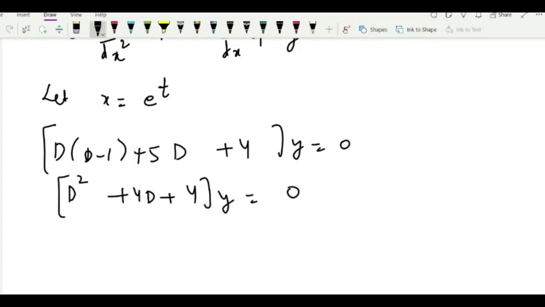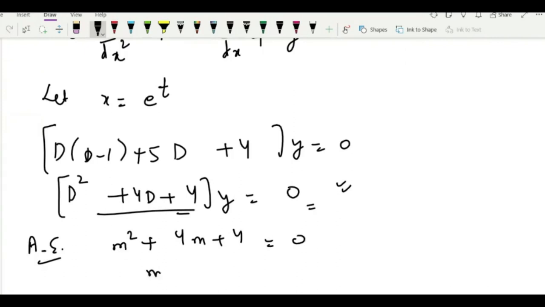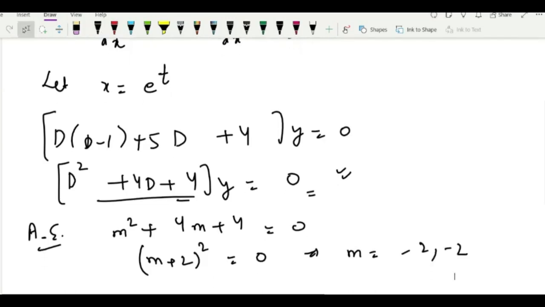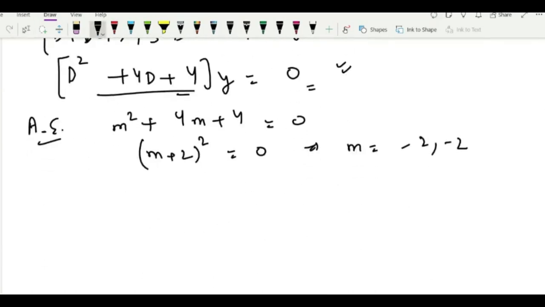So this is our symbolic form, and also a homogeneous type of equation. So simply we have the auxiliary equation by putting D is equal to m. We get (m plus 2) whole square is equal to 0, which gives m is equal to minus 2, minus 2.